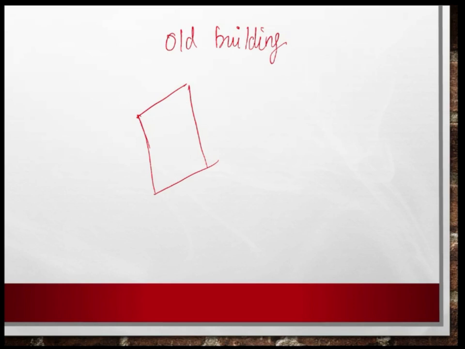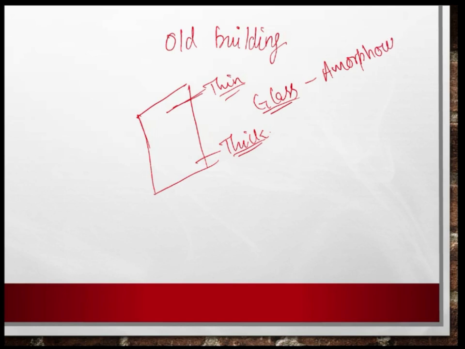What you will see is that those windows, they are thin at the top and they are thick at the bottom. I'm talking about the glass in those windows. Why is that so? Since glass is an amorphous solid, right?